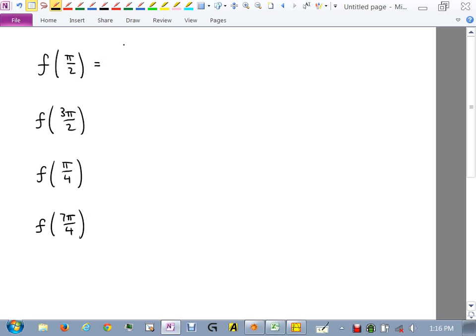The original function was t plus cotangent of 1/2 t. That's what the original function was. I'm replacing t with pi over 2.